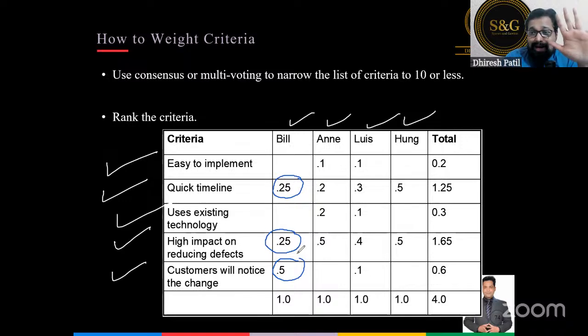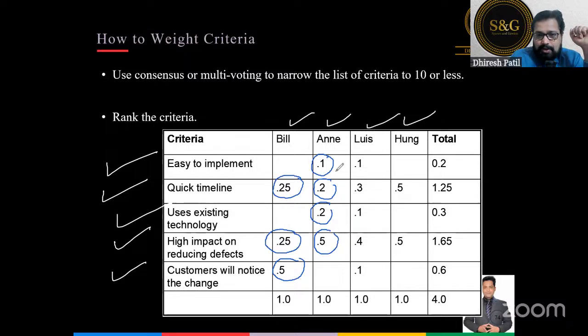So Bill distributed his 100 points as 25, 25, 50. Then Annie has given 10% to ease of implementation, 20% to quick timeline, 20% to existing technology, and 50% to high impact on the reduction of the defect.